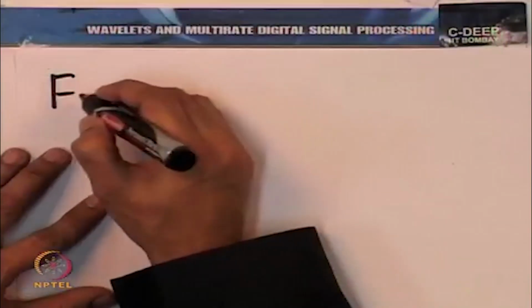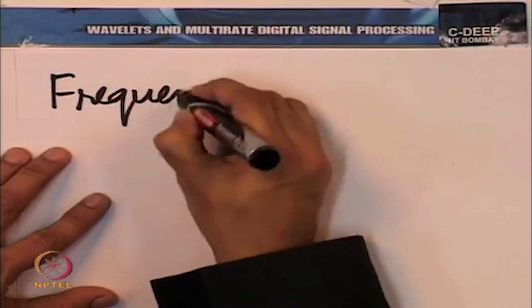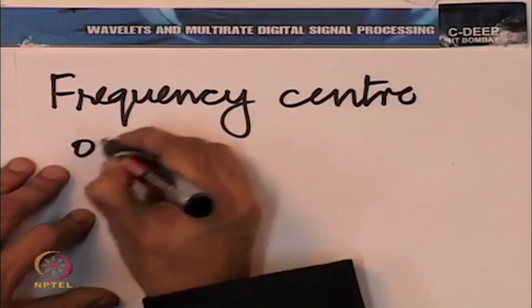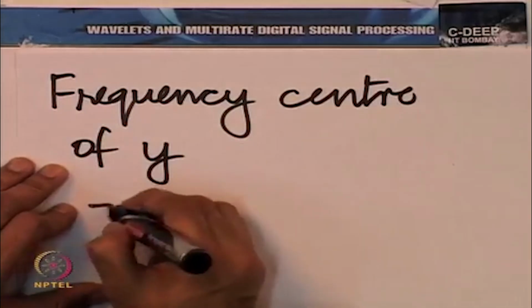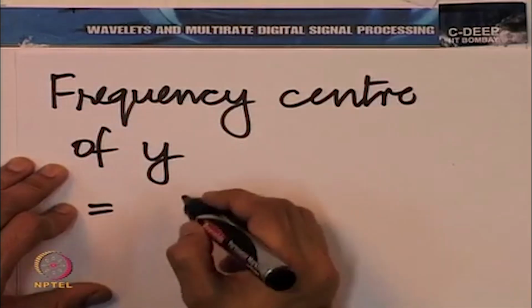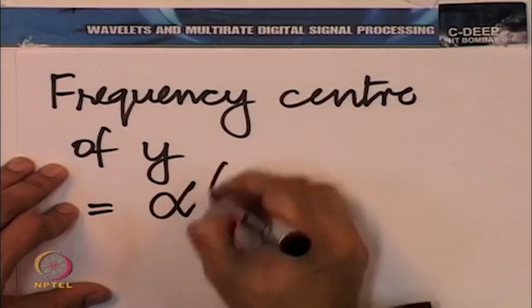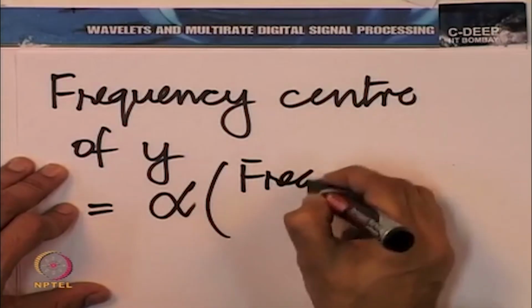So, the conclusions are: the frequency center of y is equal to alpha times the frequency center of x.